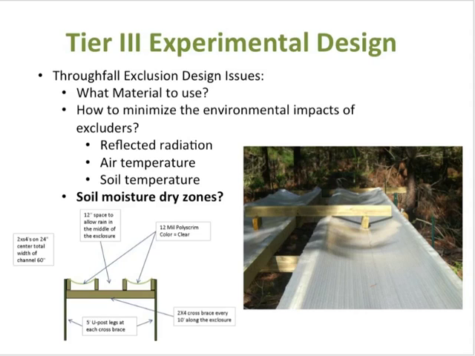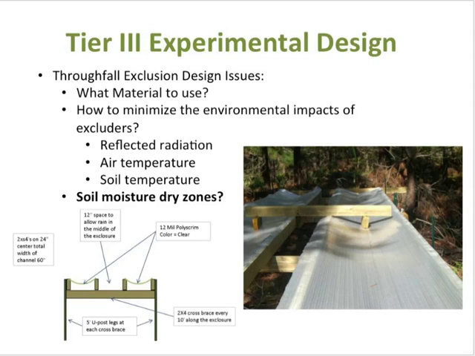We've also had an issue that we discussed about creating soil moisture dry zones directly under the exclusions and trying to minimize that, particularly on the clayier site there in Virginia. We had a wide area that we blocked all the through-fall off of, that would turn into a brick-hard clay.